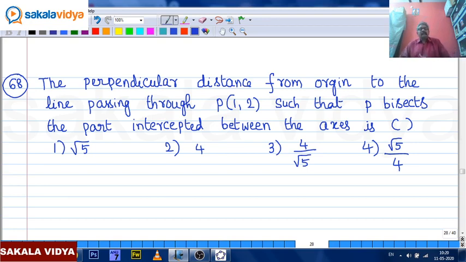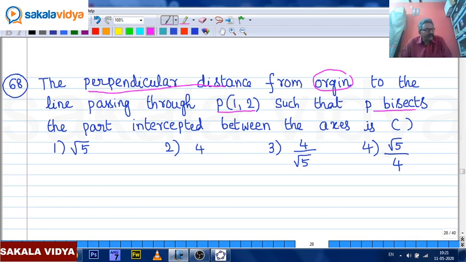Right. So I suggest to the viewers that some of our regular viewers may write the answer directly. Don't worry about that. If you know the concept and definitely practice such problems, everybody will solve the problem. So the perpendicular distance from origin to the line passing through P1, 2 such that P bisects the part between the axes.